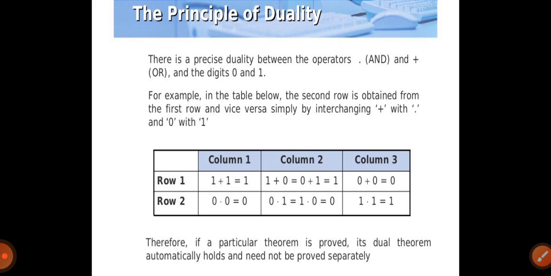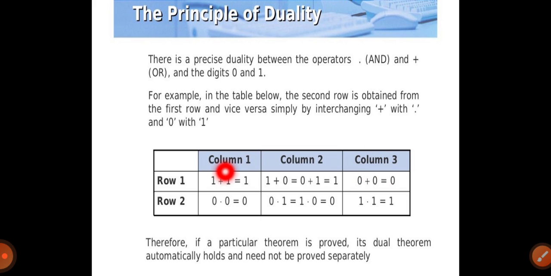Principle of duality. Duality means the duality between the AND operators and the OR operations. The digits are 0 and 1. For example, in the table below, the second row is obtained from the first row and vice versa, simply by interchanging the OR gate with the AND gate and the zeros with the ones. In column number 1, 1 plus 1 is 1, 1 plus 0 is 1, 0 plus 1 equals 1, 0 plus 0 equals 0.